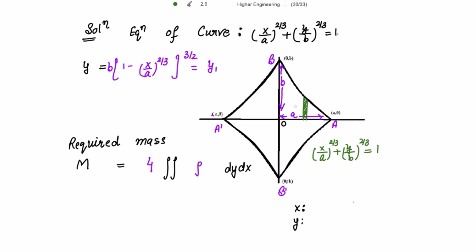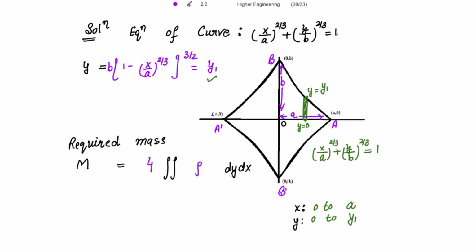Then for the first quadrant, the limits of x are from 0 to a, right? And the limits of y are from, okay, here y is 0 and here y is equal to y1. So the limits are from 0 to y1.